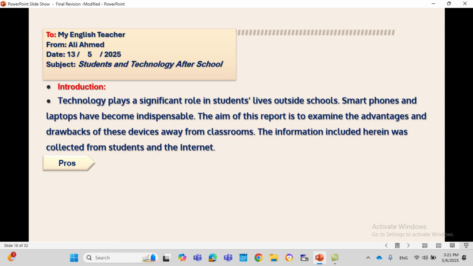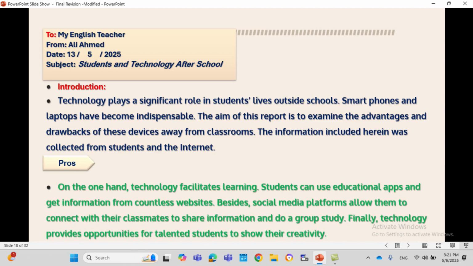Then we start with the pros or the advantages, or in other words, we call them the merits. On the one hand, technology facilitates learning. Facilitate is a verb which means to make something easier. As you can say, technology makes learning easier.